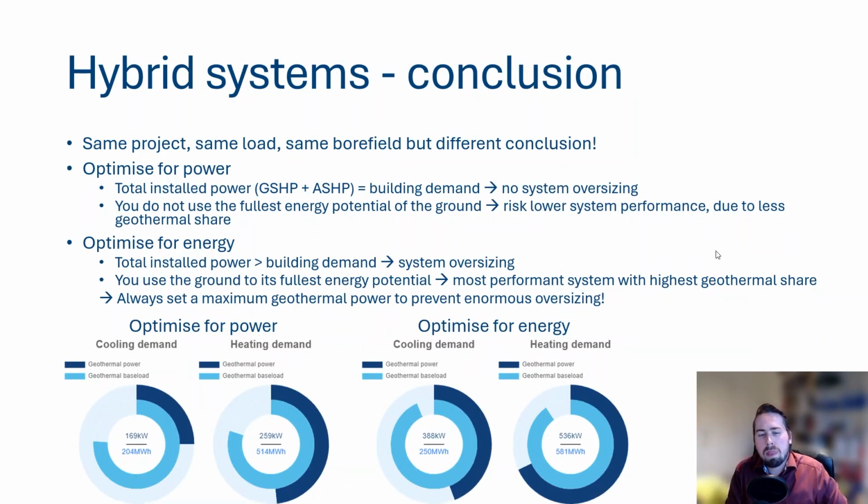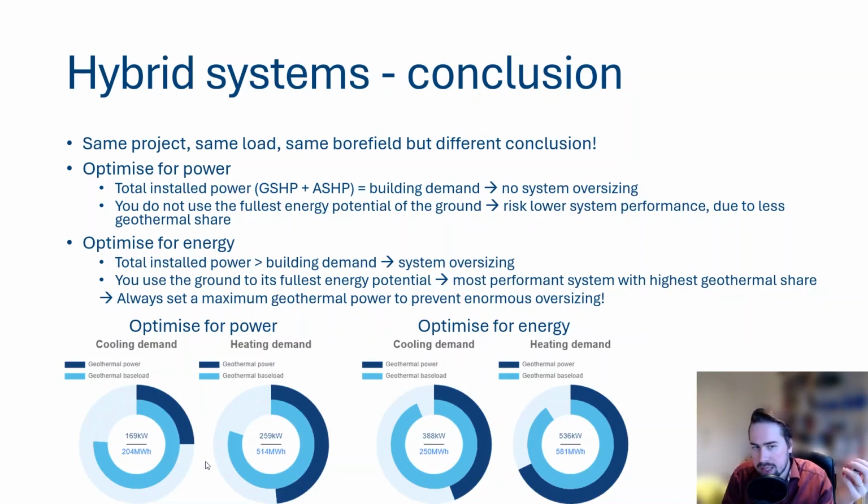So in the end, we have seen the different methods and the different results. If we have the same project with the same hourly load and the same borefield, we can end up with two different designs, so to speak.